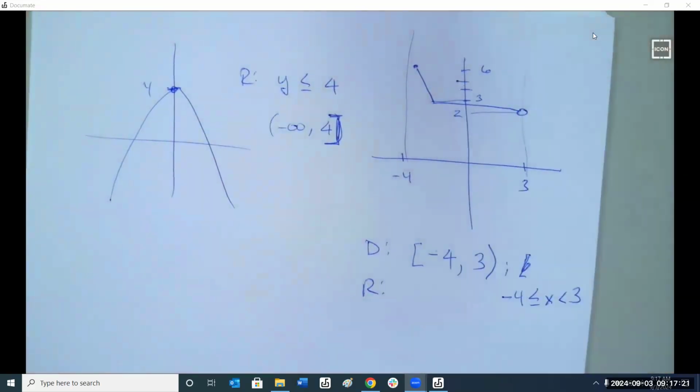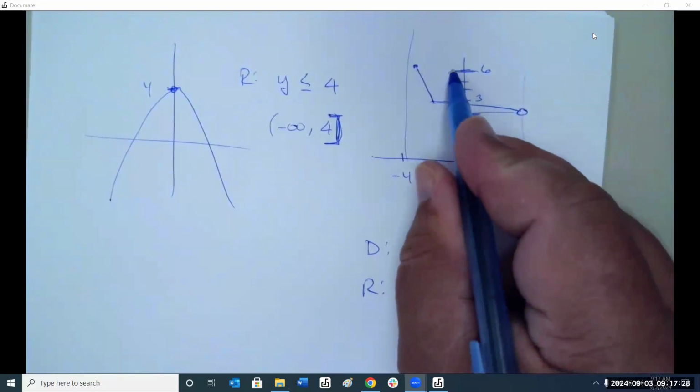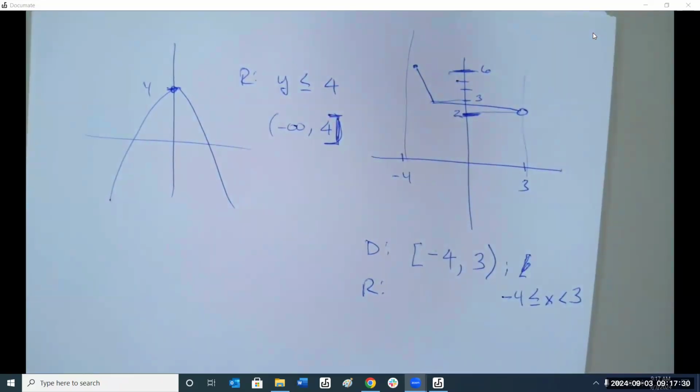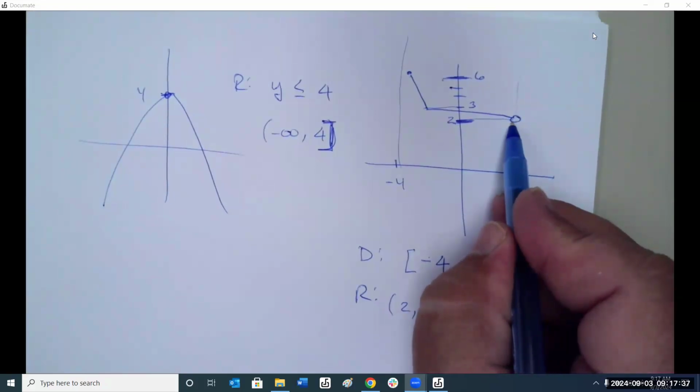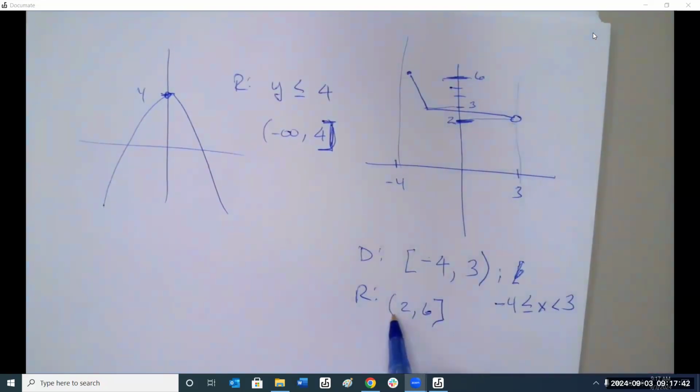Well, no, the range is only where it starts and where it stops. Always start with a smaller number. You can't use 2 because it's an open circle, and that's a closed circle, so you can use 6. So parenthesis means you cannot use it, bracket means you can use it. Again, we'll cover all that at the end of this chapter, which is, I don't know why they threw it in there.